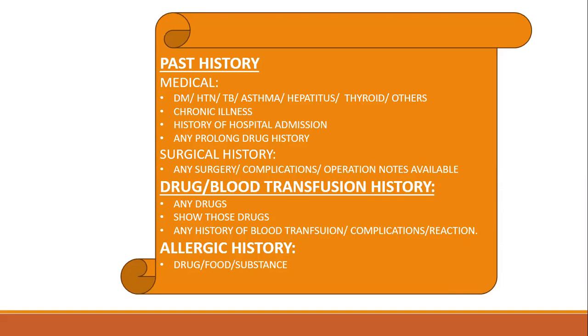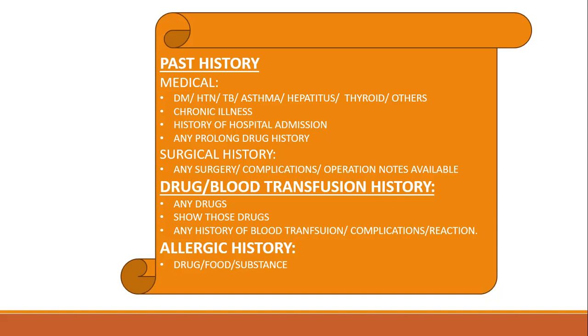In the past history, you should quickly inquire through the medical history. Ask the patient whether she has any comorbidities like diabetes, hypertension, TB (tuberculosis), asthma, hepatitis, thyroid disease, or any other chronic illness which has led to prolonged hospital admission or stay, and any prolonged history of drug intake.